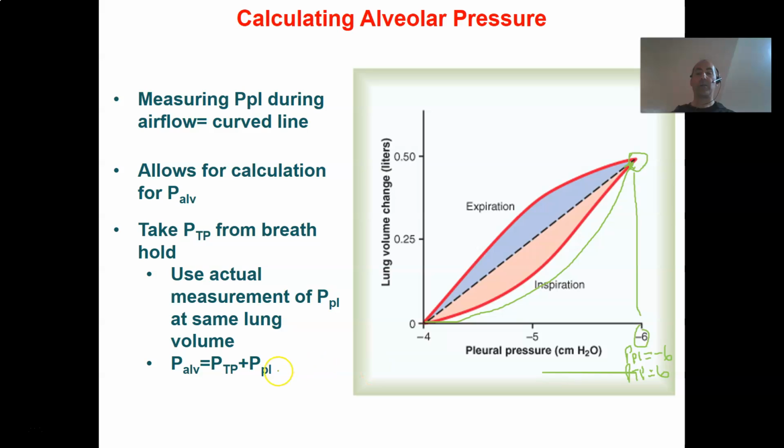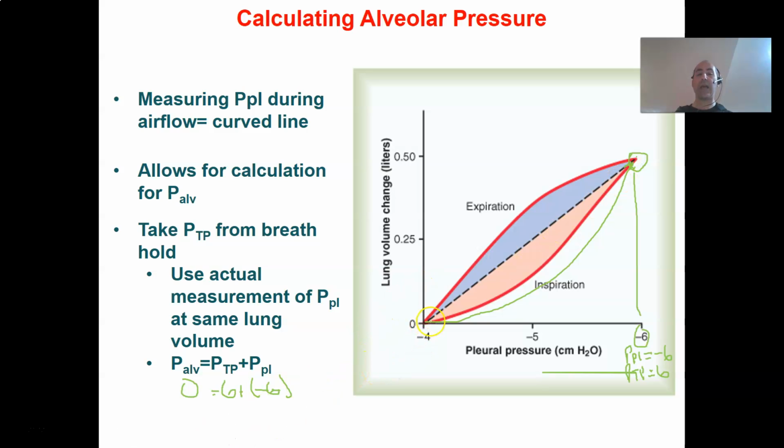So if you rearrange the equation, transpulmonary pressure is 6 plus a -6 for pleural pressure, then you get that alveolar pressure must be 0, and in fact it is.